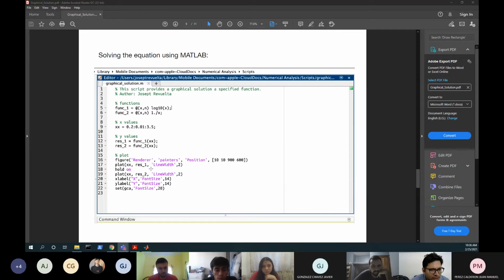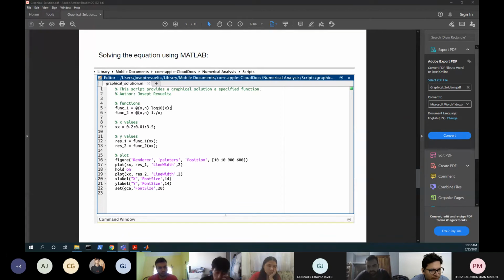Line width. And then I have to use the function hold on if I want to introduce a second plot in my current plot. So I use the hold on function, and then I plot the neighborhood and the results of my second evaluation with a line width of 2.